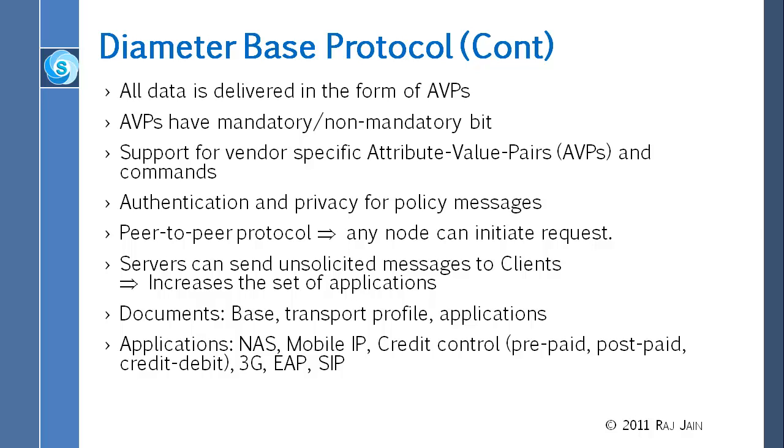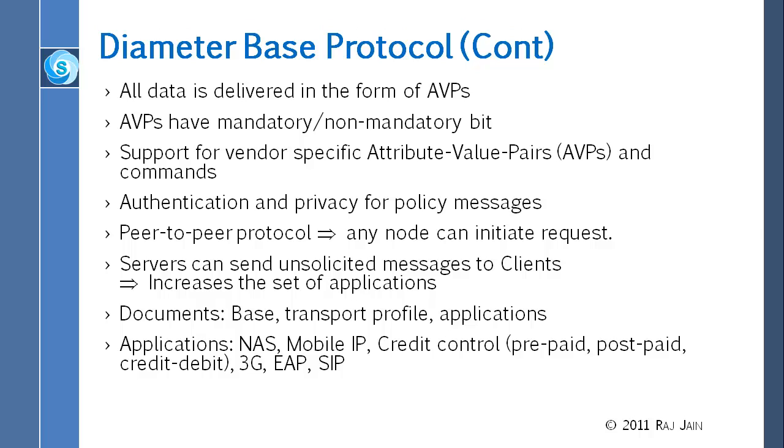All data is delivered in the form of AVPs. AVP again is attribute value pair, which is TLV, type, length, and value. AVPs have mandatory and non-mandatory bit. So basically, when you send a type, length, and value, I think we had another case before where one bit was encoded as fault or warning.